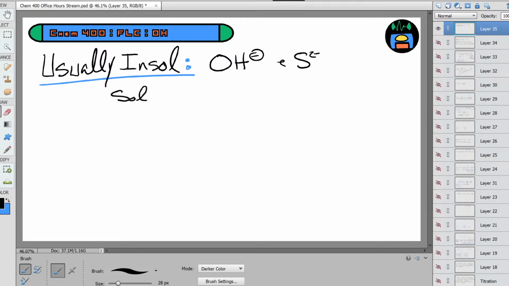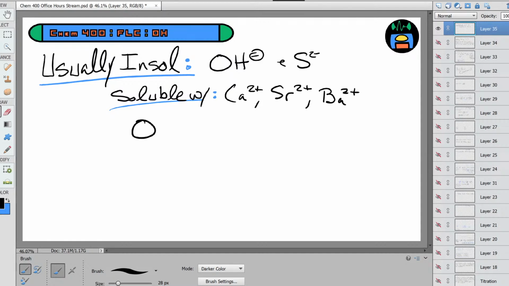They are soluble when they're paired with the following cations: calcium, strontium, barium, or any of the always soluble cations.